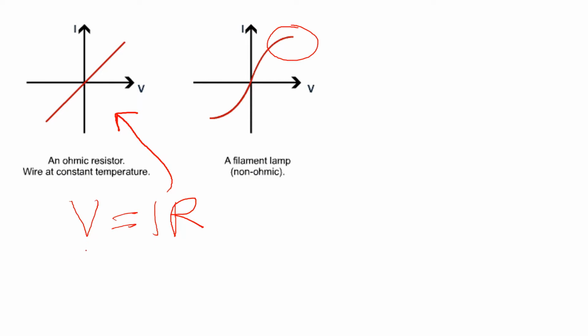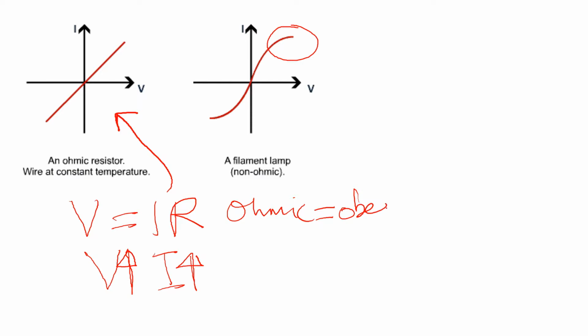So as voltage goes up, then the current also goes up. So ohmic means that it obeys Ohm's law.